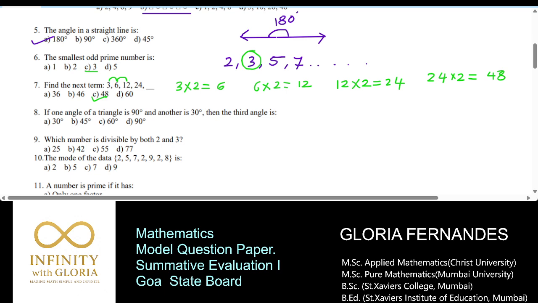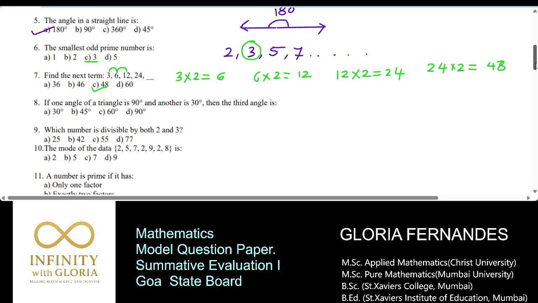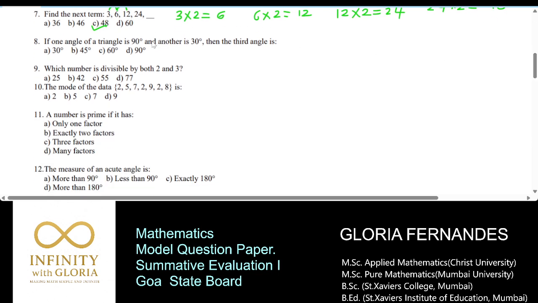Getting me? Alright. Now next one is, if one angle of a triangle is 90 degrees and another is 30 degrees, then the third angle is, now which property are you going to use? We don't know the third angle, right? How do you calculate?